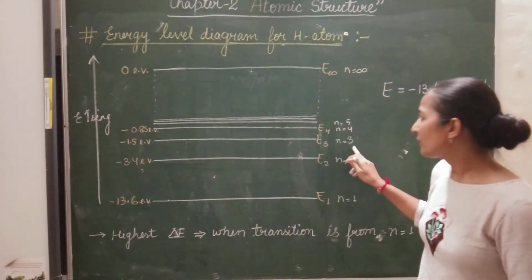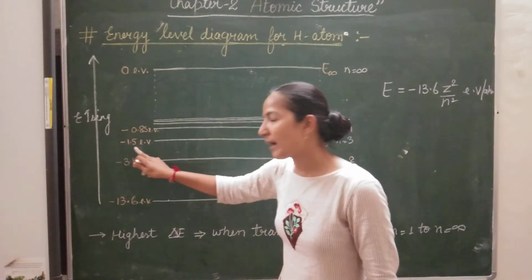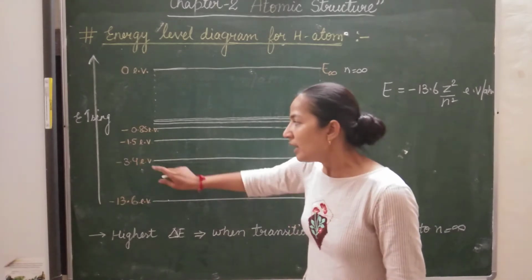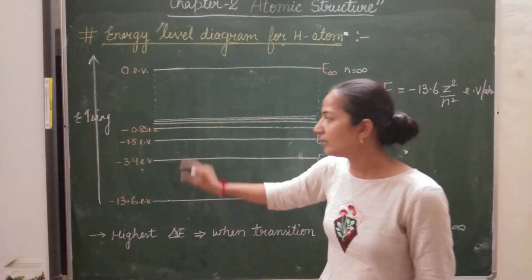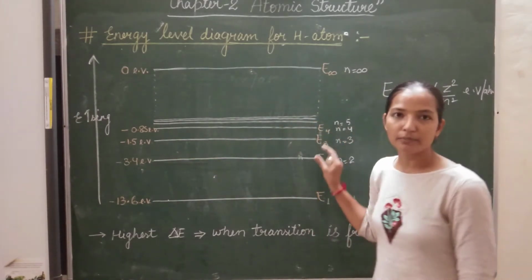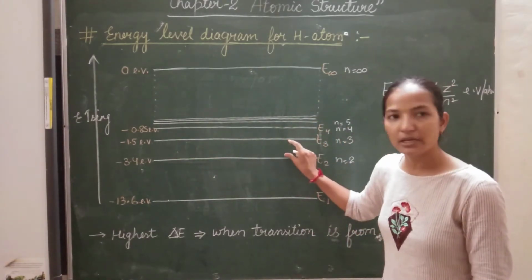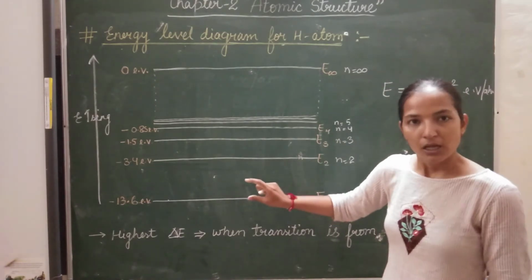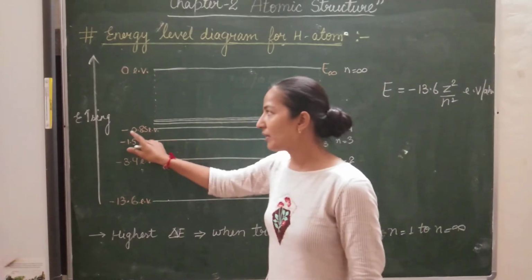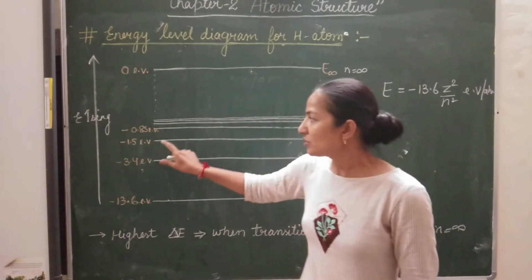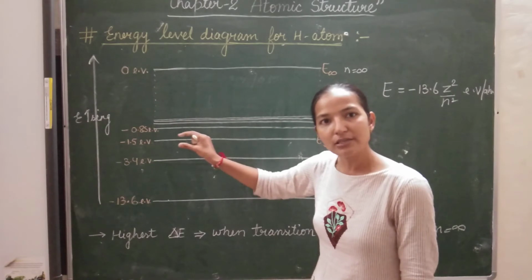Now for n is equals to 3, the energy is minus 1.5 electron volt. Between 3.4 and 1.5, a lesser energy gap is there, so the gap becomes thinner compared to the previous one. Continuing, for n is equals to 4, we have 0.85 electron volt, so there is a lesser difference.